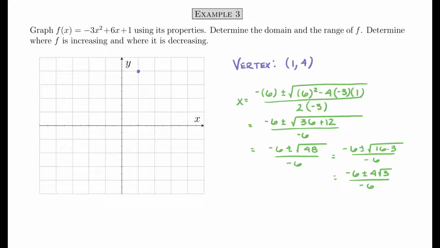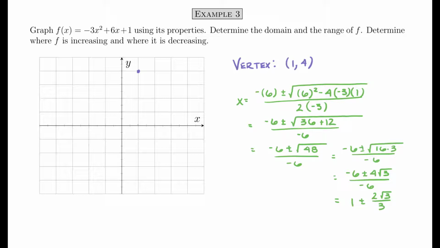We can reduce this a little bit as well. We have negative 6 over negative 6, which is going to be positive 1, plus or minus 2 radical 3 over 3. So that is going to be irrational, but we can still approximate that.